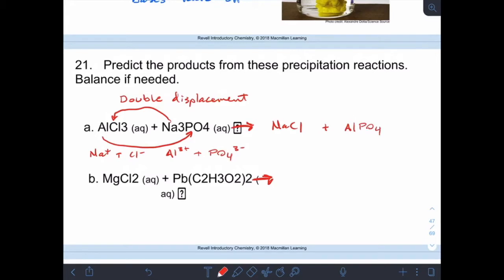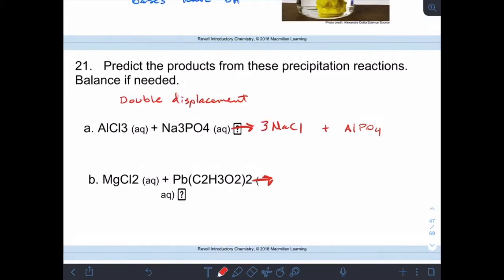Okay, then we balance. Right, let me take this stuff out of the way here. Okay, so then we balance. Right, so I've got 3 sodiums on the left, so I need 3 sodiums on the right. And that gives me 3 chlorines on the right, and I already have 3 chlorines on the left.